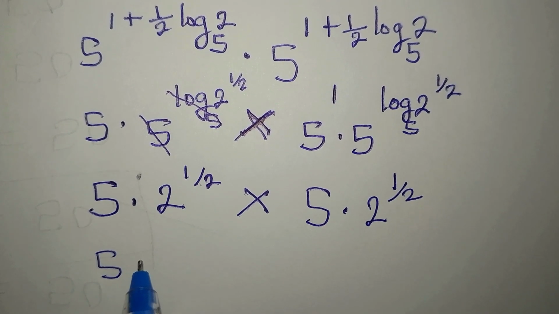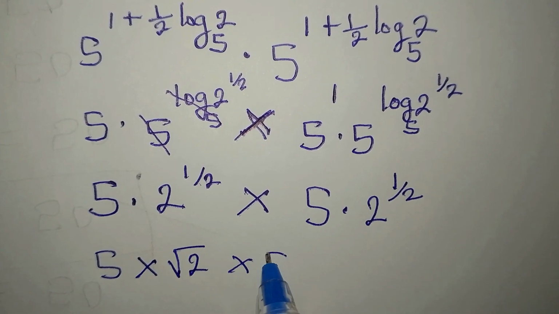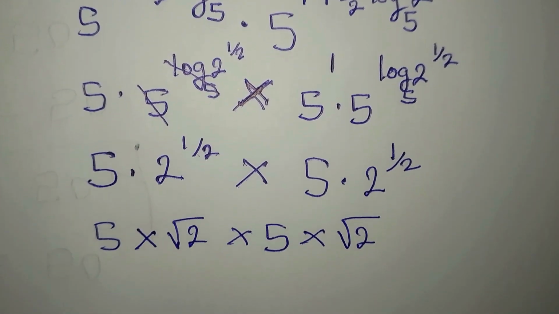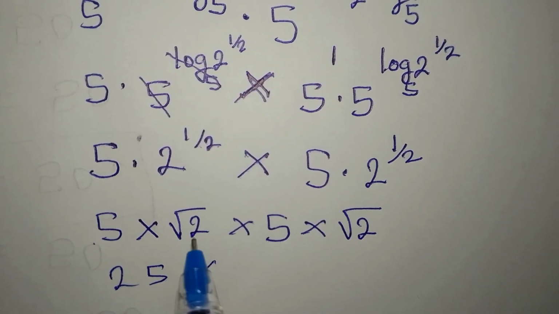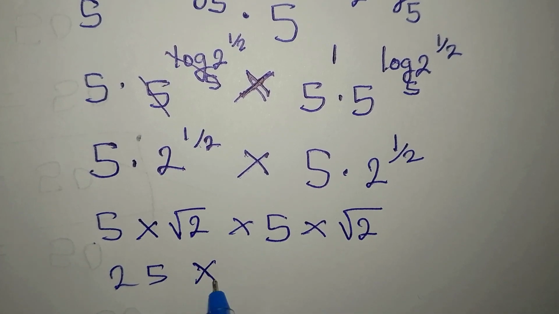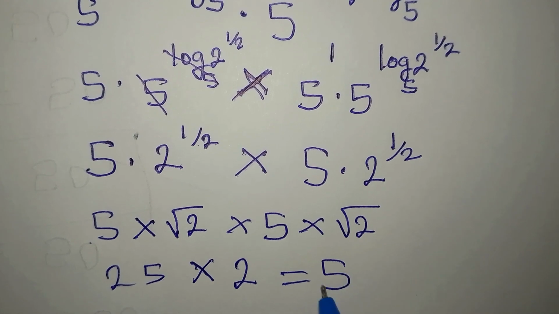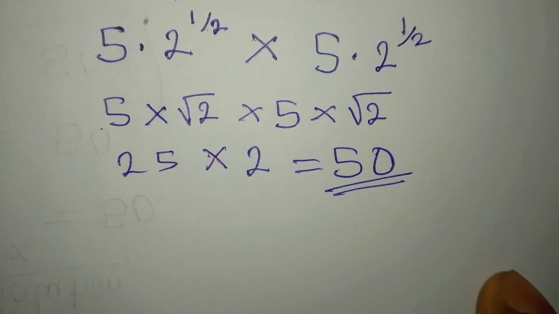So we have 5 times square root of 2 times 5 times square root of 2. Now 5 times 5 is 25, times root 2 times root 2 gives us 2, and 25 times 2 gives us 50. It is the same 50 we had on the right hand side of the equation.